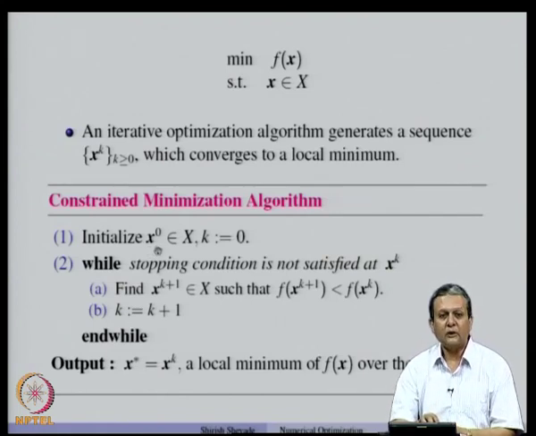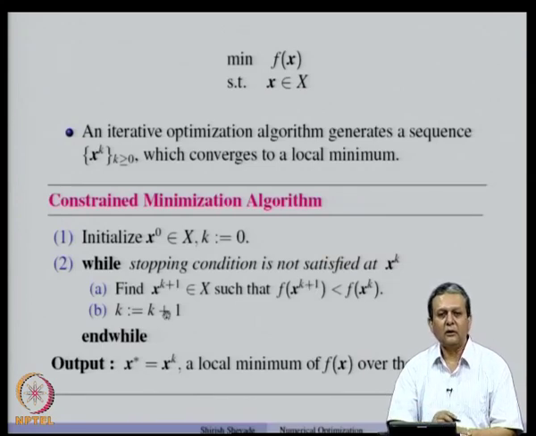where we initialize x0 in the set X, set the iteration counter k to 0, and then while some stopping condition is not satisfied at xk, we find xk plus 1 in the feasible set X, such that the function value decreases.